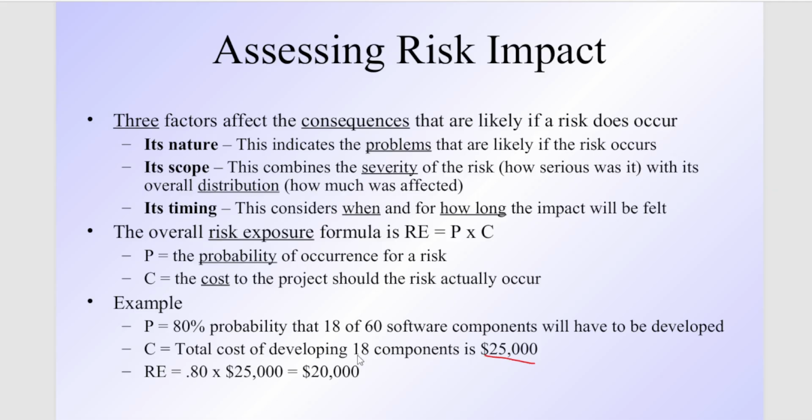So 18 components will be developed with 25,000. This is the cost, or you can say the impact, of developing these things. The total cost is 25,000 and the probability is 80%. When you multiply 0.8 with 25,000, you get $20,000. So you need to allocate $20,000 as a contingency along with the rest of the project plan.